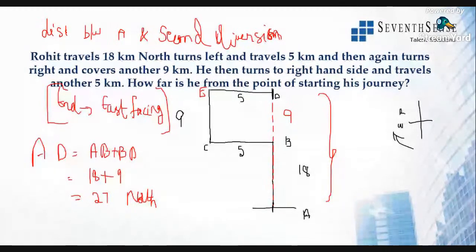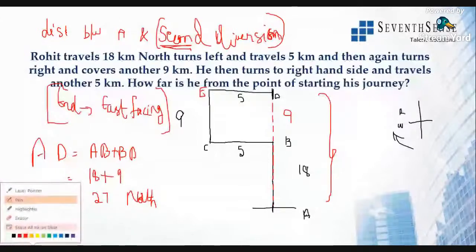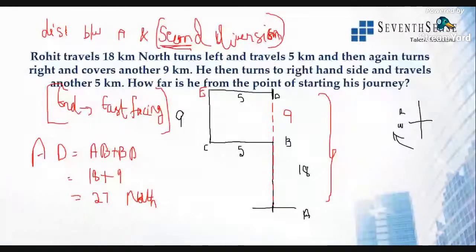Once you're traveling, you're just changing the direction, so changing the direction is the point called diversion. But here I'm talking about the second diversion. It means I am asking the distance AC. This is the distance I am asking.